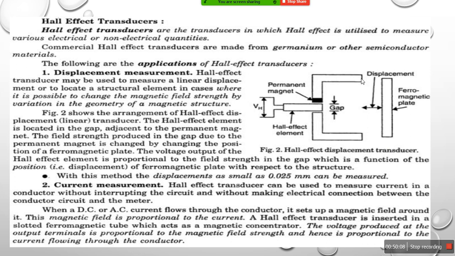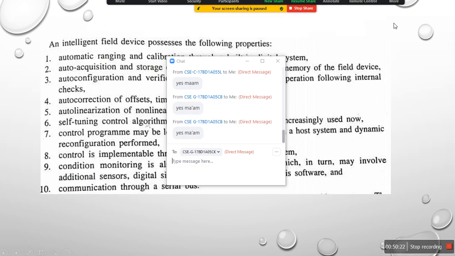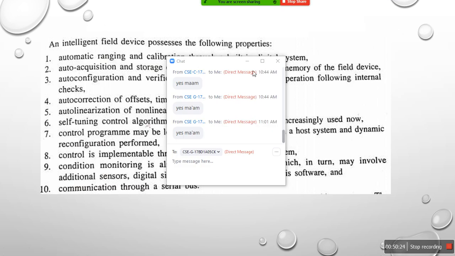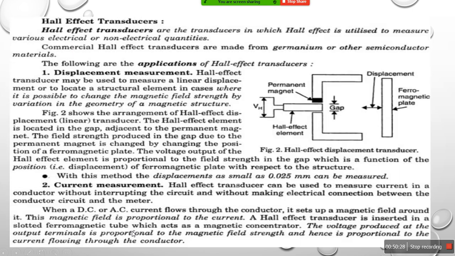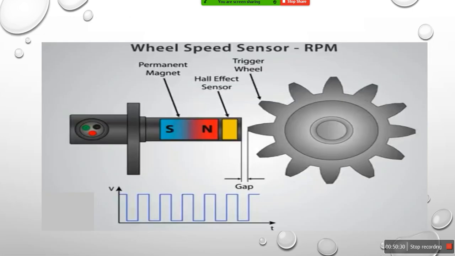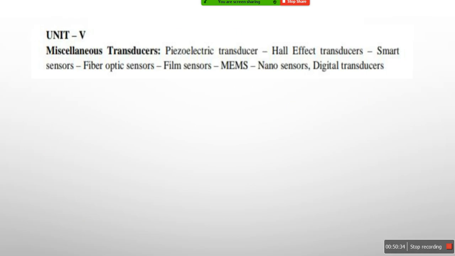So far we have learned two types of transducers. One is the piezoelectric transducer and the other one is the Hall effect transducer. Similarly, the next part in this fifth unit is about smart sensors. Let me just show you what the topics are.